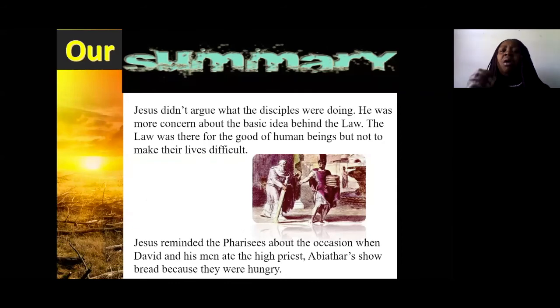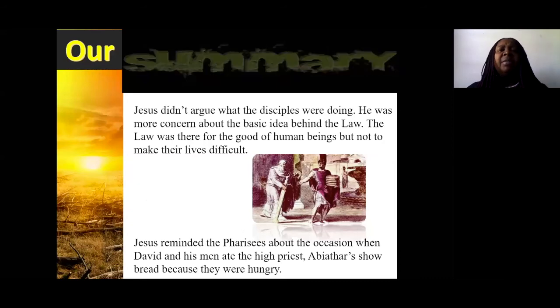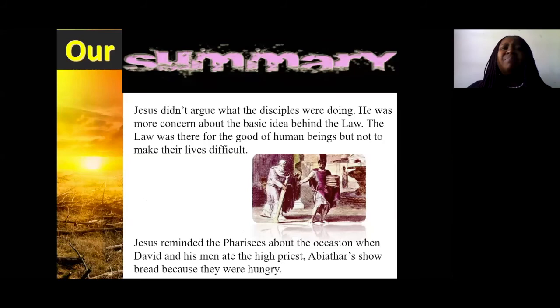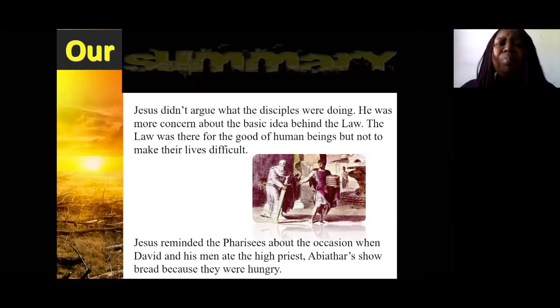Now, we know sometimes in life that some laws are made that make our lives difficult. For some of you, the law that the government is putting in place, the amendment to the law due to COVID-19, is making your lives miserable. And you feel like sometimes the prime minister is so unfair because I want to go out.